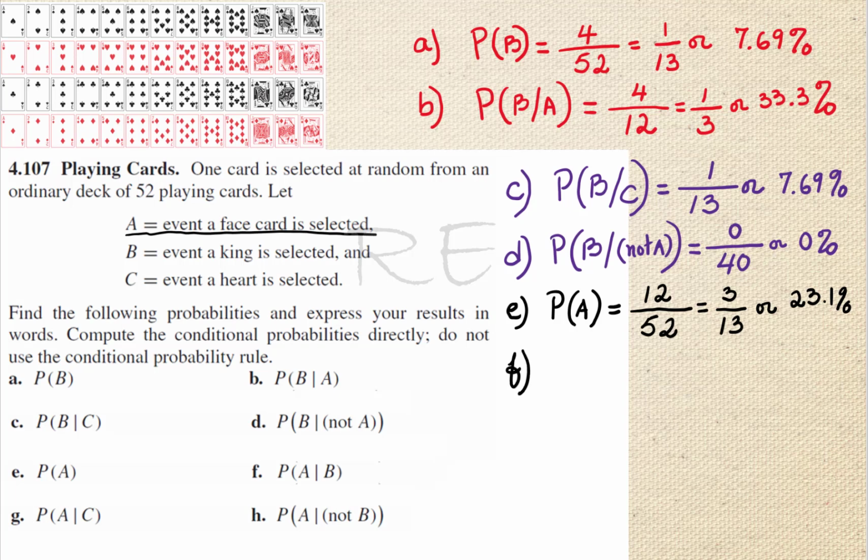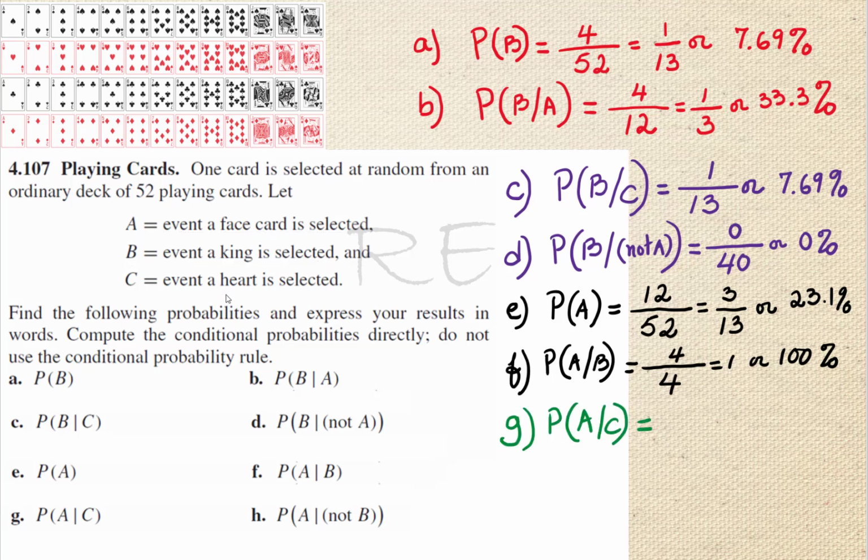The probability of getting a face card, given that the card is a king. Well, we have 4 kings, and all 4 are face cards. So it's 4 over 4, which is 1 or 100%.